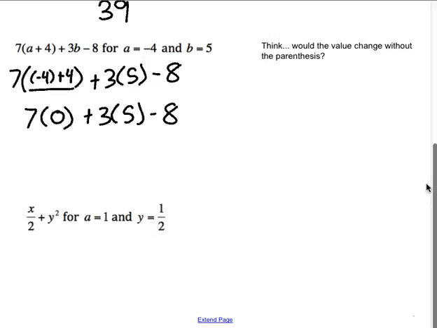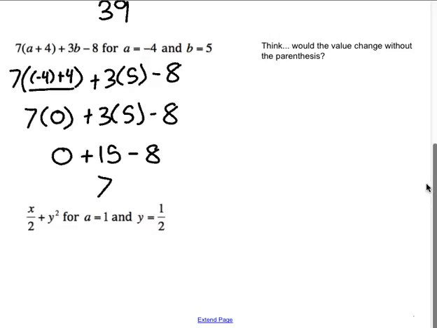However, I do have some multiplying. So here, this is going to give me 0 plus 15 minus 8. So once I take care of that, now I can finish adding the pieces. 0 plus 15 minus 8 is going to give me a 7.